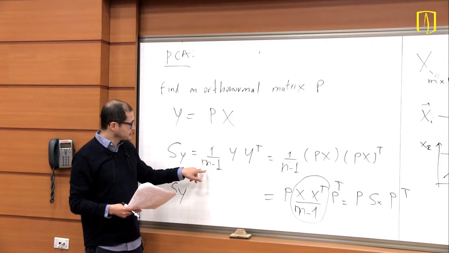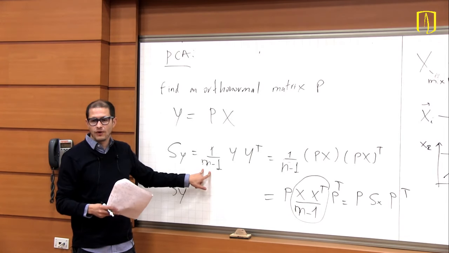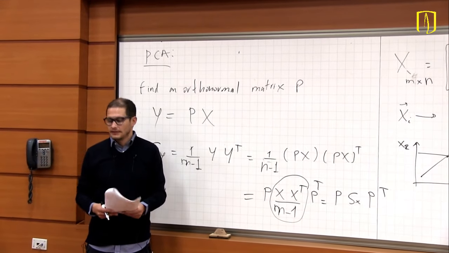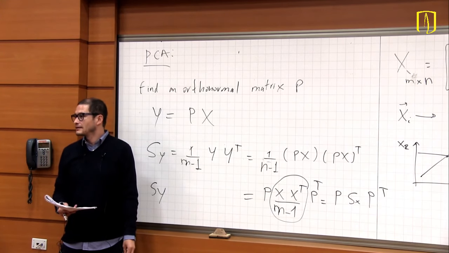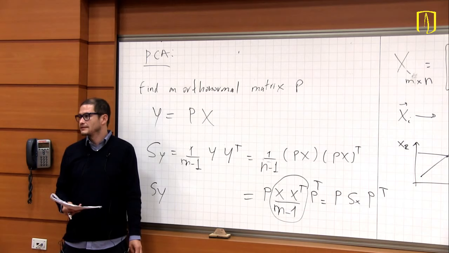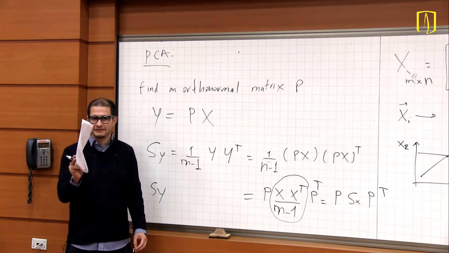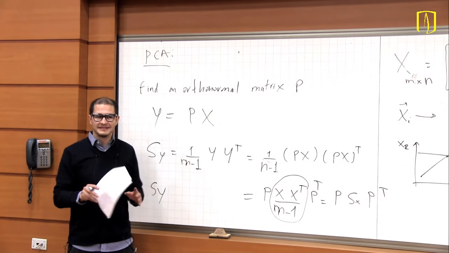When you have variance, usually you have 1 over m minus 1, right? Anyway, it doesn't matter. Whatever constant you pick, you'll get the same P. Yeah, that's right, diagonalizing the symmetric matrix. Thanks for pointing out this, and thanks to the first person who pointed out that I said it was wrong. Sorry.